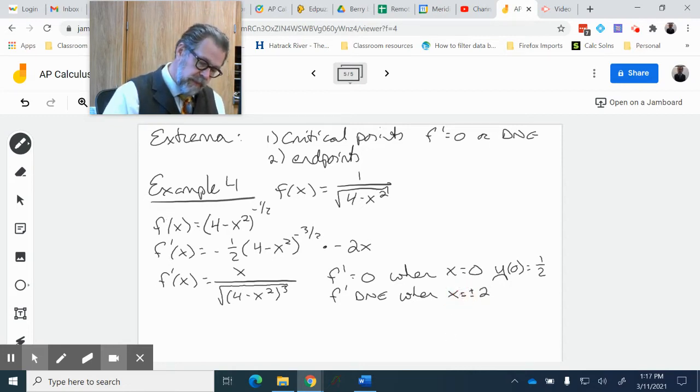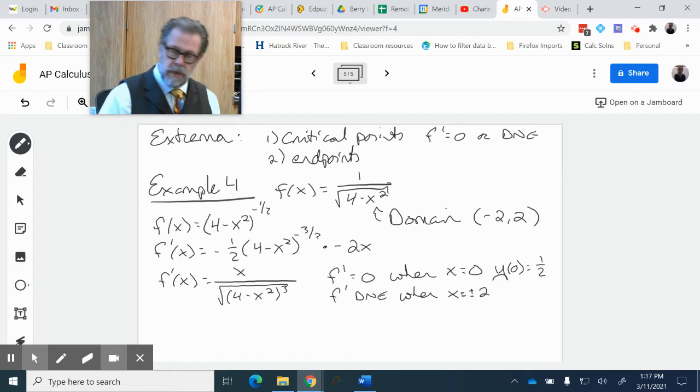And of course, we might note that the domain of this function is actually negative 2 to 2. It does not include the endpoints, and it doesn't include anything with absolute value bigger than 2, because you would get 4 minus something bigger. So the domain of this function is only inside negative 2 and 2, which means that we don't have endpoints.